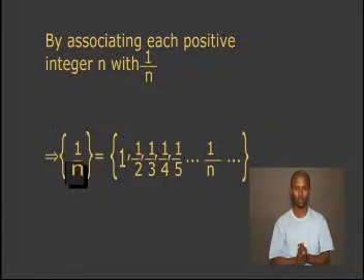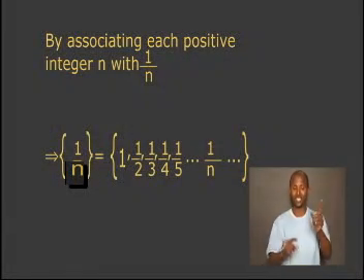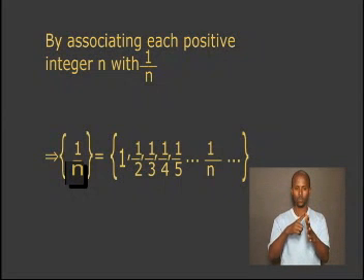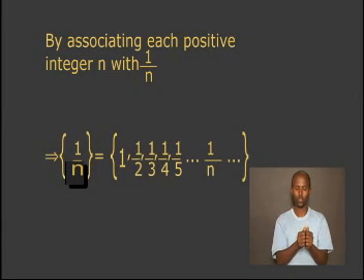Sequences can be described by listing their terms, writing the general term, drawing a graph, or using a recurrence relation. Let us examine each of these steps individually. We can list the terms of a sequence by associating each positive integer with its reciprocal.